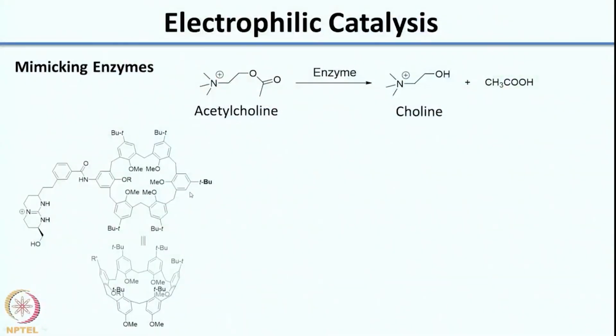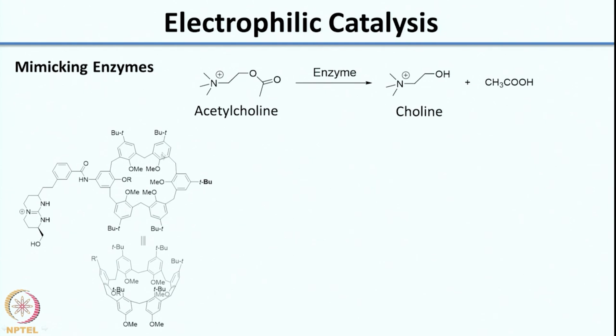So now in order to mimic the activity of this, scientists have made this molecule. So I do not want you to get confused looking at the large structure. So shown here is a cyclic molecule, alright. So you have 6 aromatic rings which are tied together by CH2 groups, alright. So you have 6 aromatic rings tied together by methylene groups.